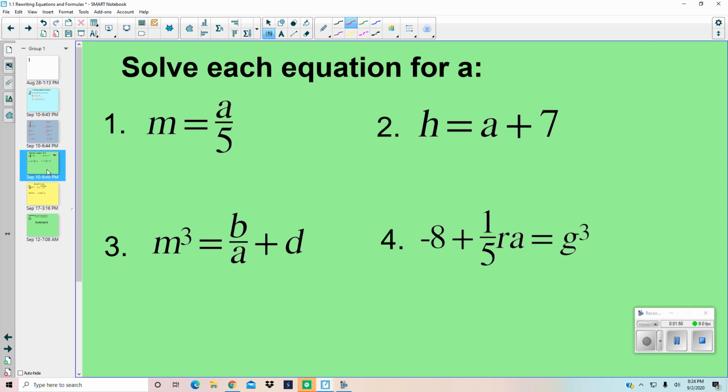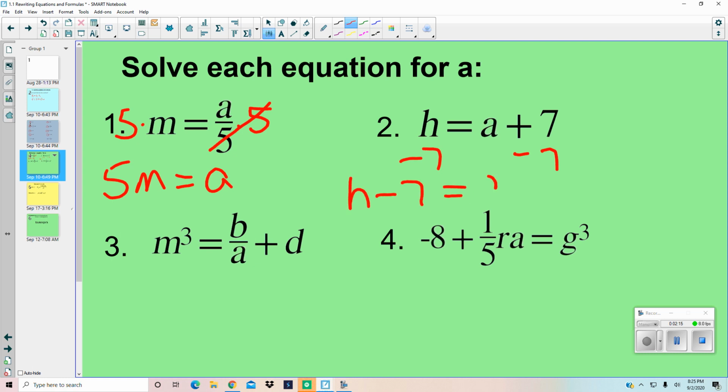Since the right side is A divided by 5, if I multiply both sides of the equation by 5, can you see that the 5 goes away and I've solved for A? A equals 5 times M. That just took me one step. Number 2, if I'm solving that for A, I have to get A by itself, so I have to get rid of the 7. So I'm going to subtract 7. So I would have H minus 7 equals A.